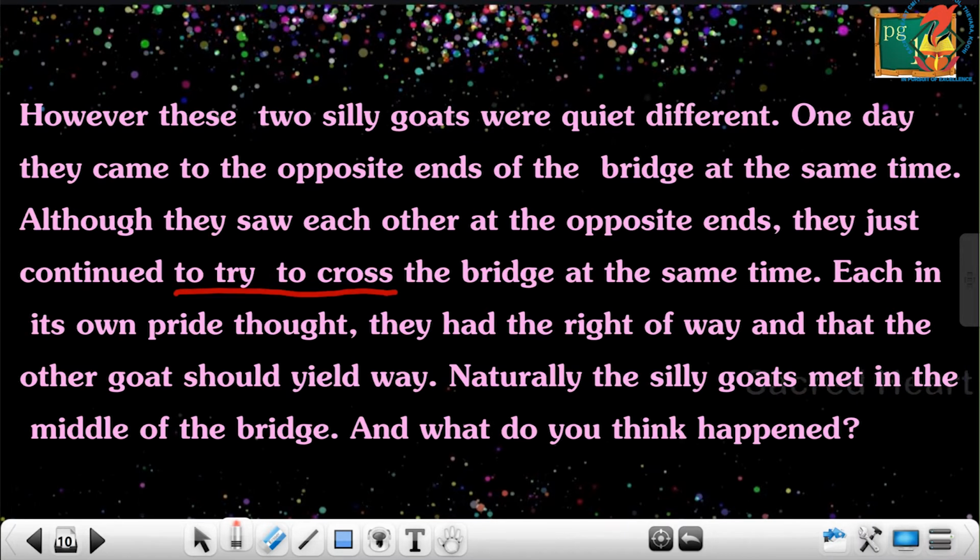Repeat, children. To try to cross the bridge at the same time.